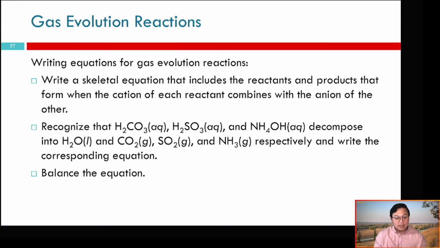We want to write a skeletal equation first that includes the reactants and the products that form when the cation of each reactant combines with the anion of the other. And recognize that H2CO3, H2SO3, NH4OH will decompose then. So you'll have another step after your products. There will be another reaction there to form water and CO2, SO2, and ammonia, respectively. And then you'll write that corresponding reaction and then balance the whole thing.